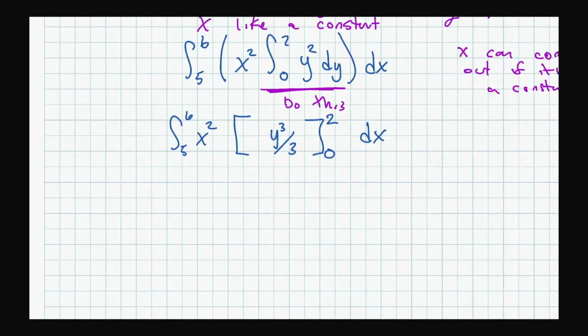So we integrated. Now you know how to integrate, right? You plug in your 2 and you plug in your 0. So I've got the integral from 5 to 6, x squared. You put the 2 in here, you get 2 to the 3 over 3 minus 0 to the 3 over 3. And then a dx.